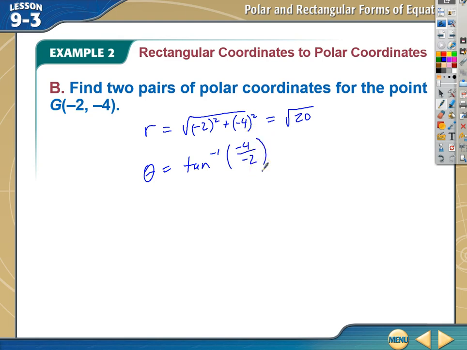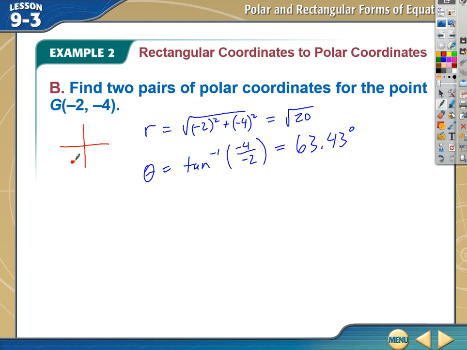When I put that in my calculator, it comes out and says 63.43 degrees. And this is why it's important. Because look, if I graph -2, -4, it is right here.